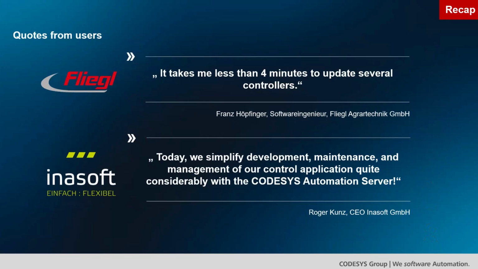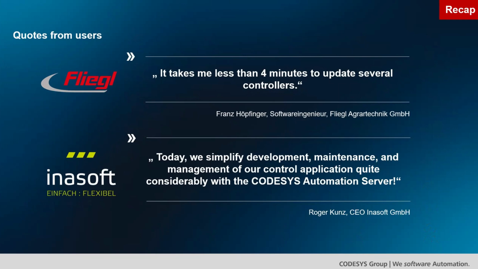For example, a German company called Fliegl, they're doing agricultural machines and as well transportation machines. And I personally received that feedback from a guy who told me it took me less than 4 minutes to update several controllers at one time. He was really excited about that. Another customer from Switzerland, they do machines for cleaning cars.